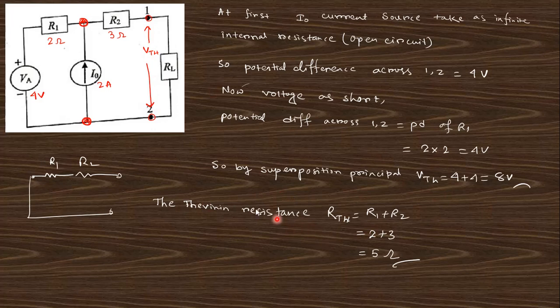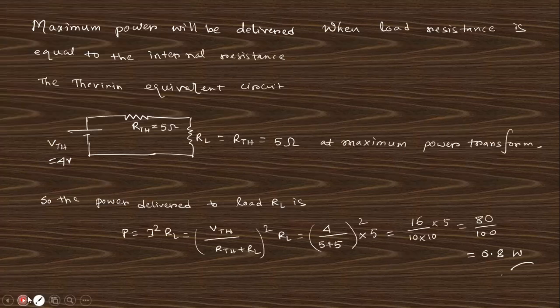And the Thevenin resistance can be found from R1 and R2, because this is open and this is shorted, because for the current source the internal resistance is infinity, and for the voltage source the internal resistance is 0. So that's why this is shorted and this is open, so from that point you will get the equivalent resistance like that.